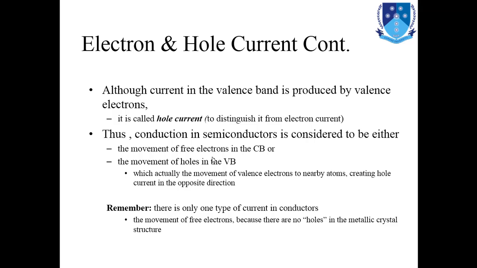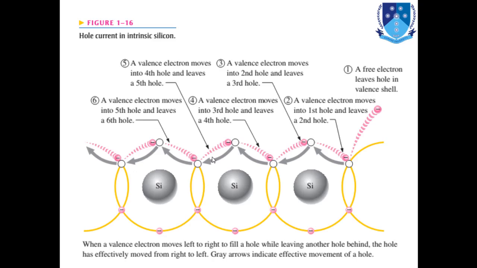In lecture number 1, we discussed that most of the conductors are metals. So in metals, there are free electrons available even at room temperature, and the current due to these free electrons is the only current in conductors. There is no possibility of hole current in conductors.